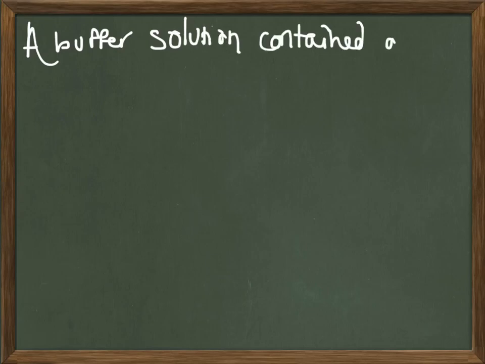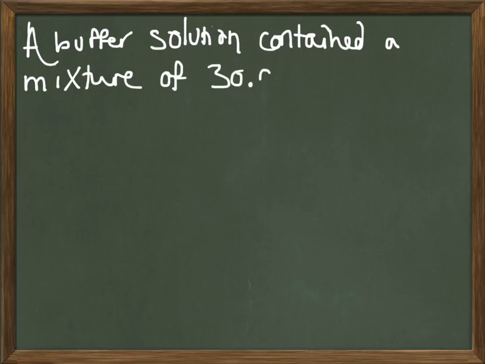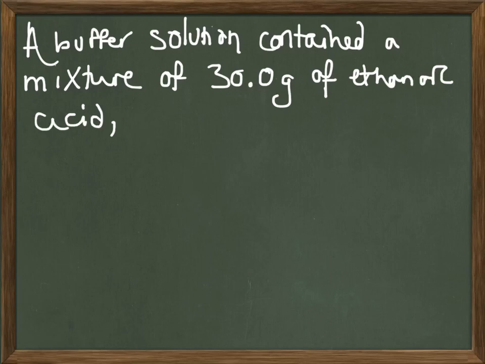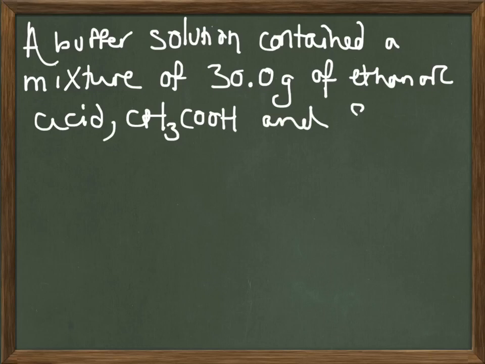So here's our question. We've got a buffer solution and it contains a mixture of 30 grams of ethanoic acid, CH3COOH, and 82 grams of sodium ethanoate, CH3COONa.